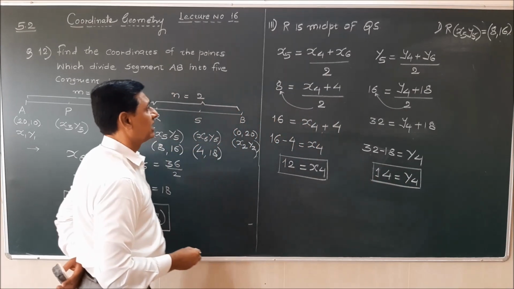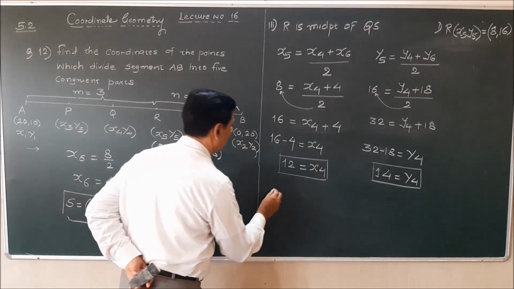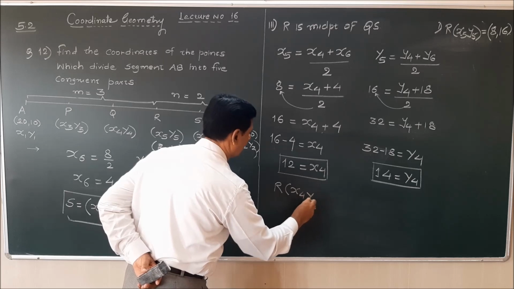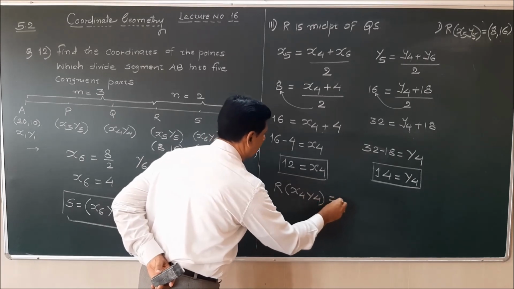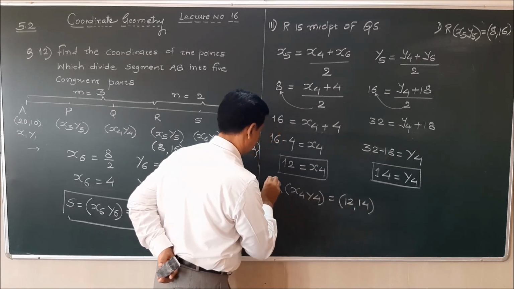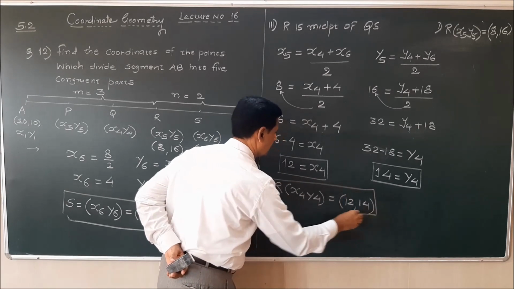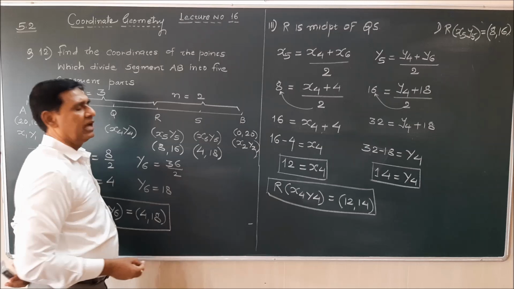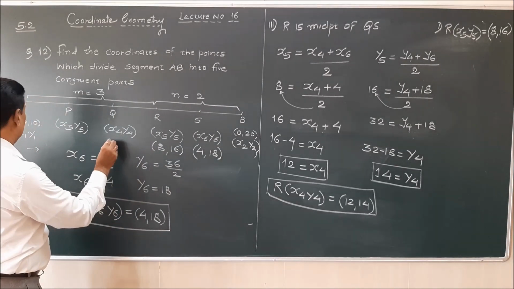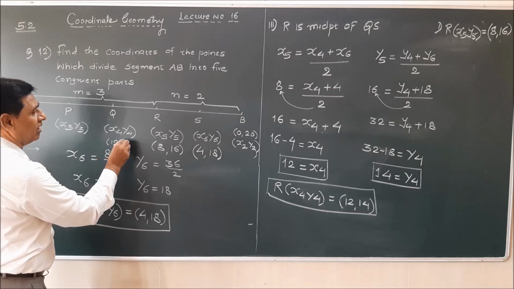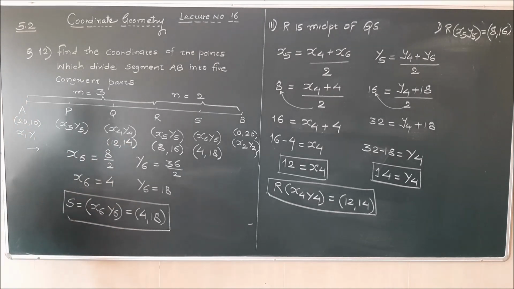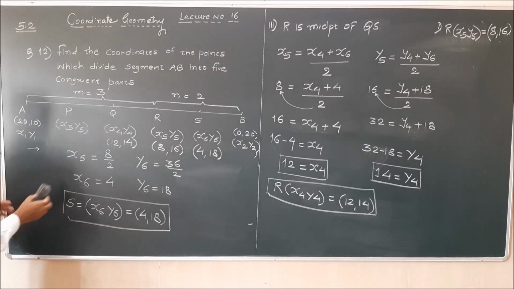So this is how we will get the third point R. Coordinates of R, x4, y4, we got them as 12, 14.